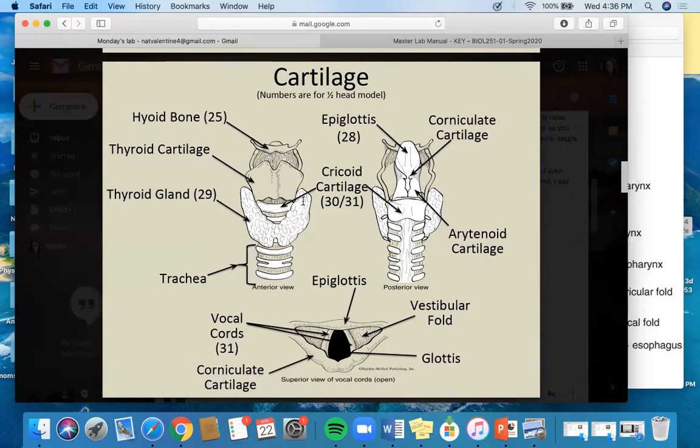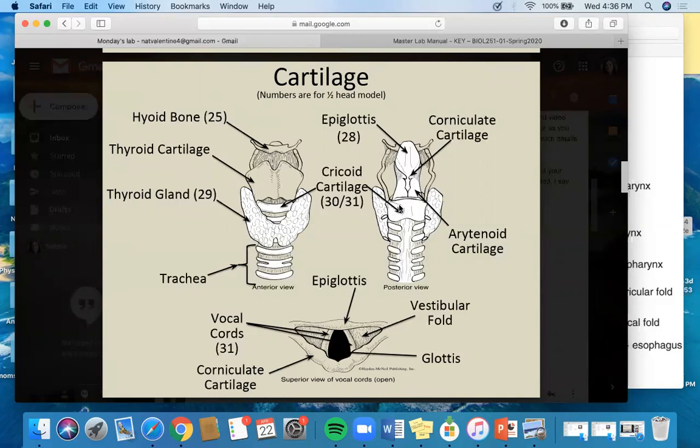You should recognize the thyroid gland here from the endocrine system, and that can help you orient yourself. Right above the thyroid gland is the cricoid cartilage. It's this first ring on the anterior view here, and in the posterior view, it's much larger. I believe it's a light gray in your diagram.